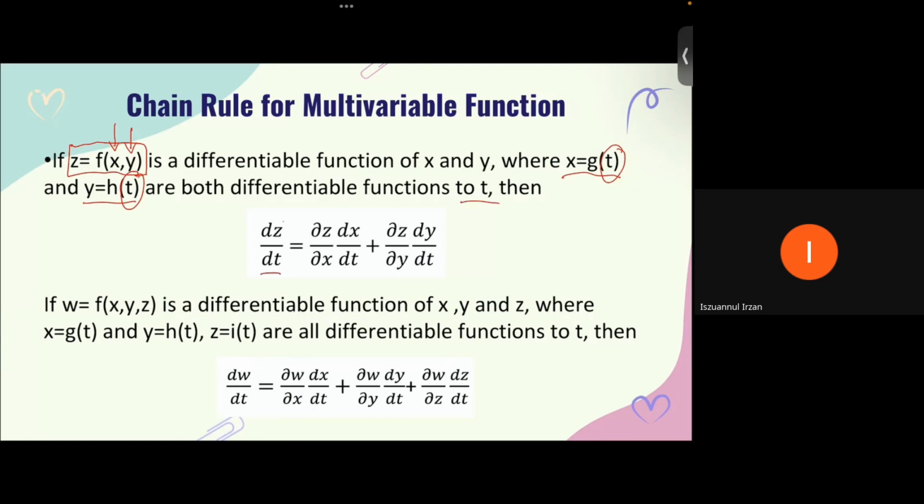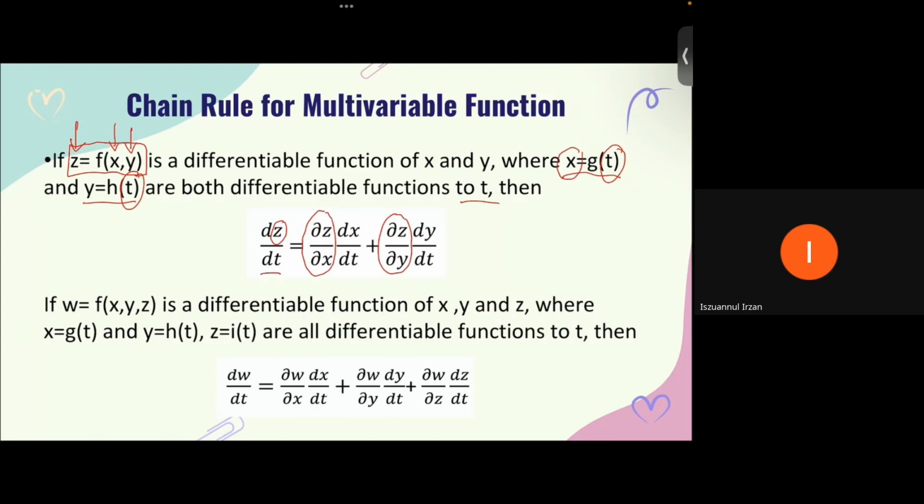Look at your function z. If your function has two variables, you are going to have two sections. One section you perform ∂z/∂x, the other section you perform ∂z/∂y. Then look at the function x.